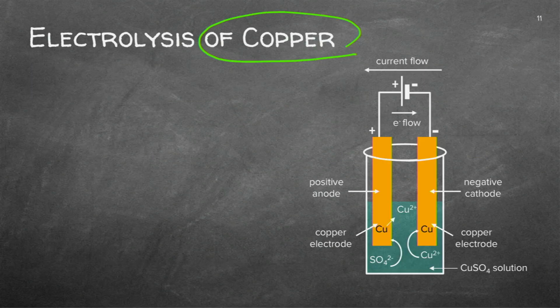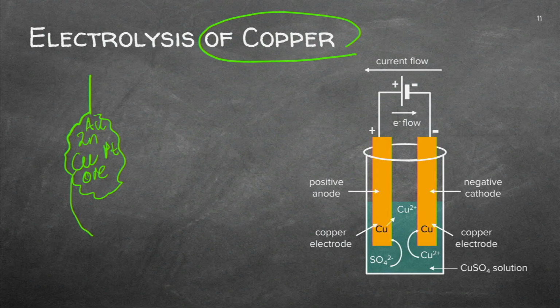Because on the one side, we'll have impure copper. Now, that can be an ore, and in that can be zinc, there can be pieces of gold, there can be platinum in there, and we'll then find the copper solid will become copper 2 plus plus 2 electrons.